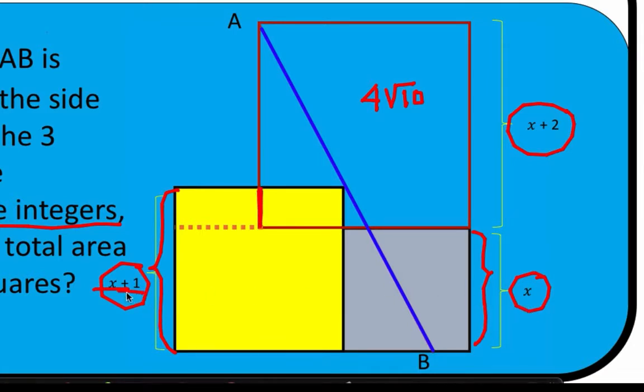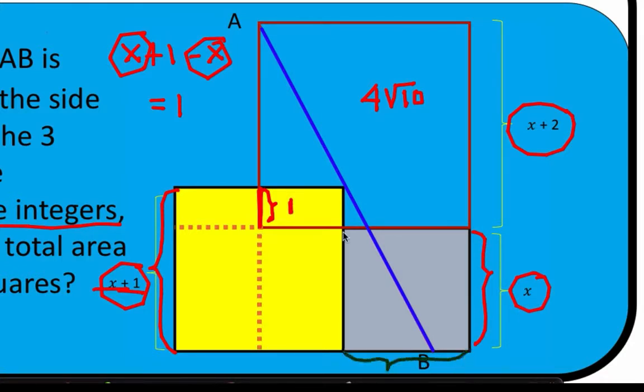And the difference between x plus 1 and x, you have x plus 1 minus x. So x minus x is 0. The answer is 1. So we now know that this length here is 1 unit. Now, let's extend also this side. Since the side length here is x, it follows that this length also is x because we have a square. And this length also must be x.